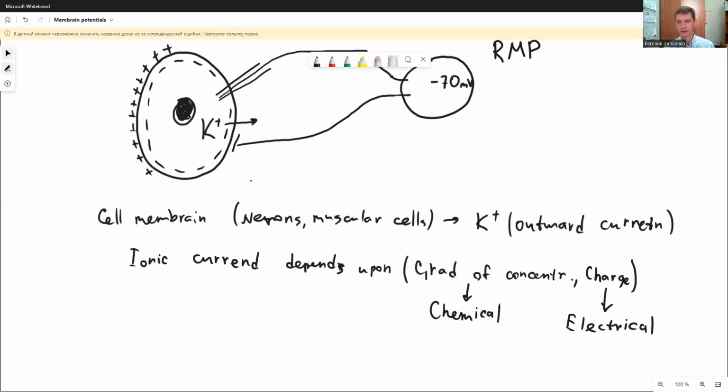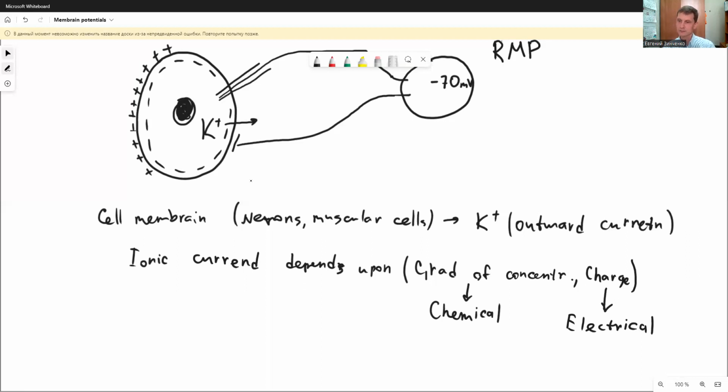Of course, these factors work in the case of high permeability of the membrane for this particular ion. That is maintained only when ion channels are opened for this ion. For the resting period, we have opened K+ ion channels.